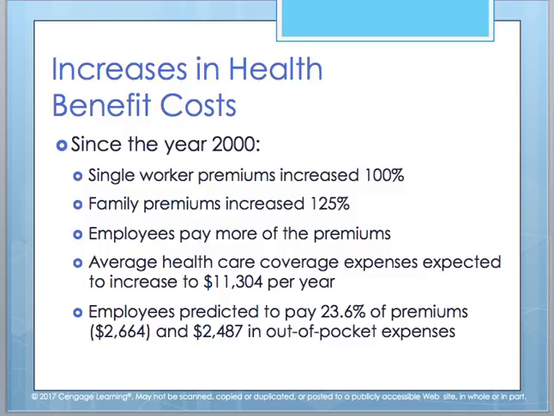That's $2,664 and $2,487 in out-of-pocket expenses since the year 2000. People are like, what in the world? Well, this is the answer of insurance companies whenever they feel the pinch of regulations of some sort.